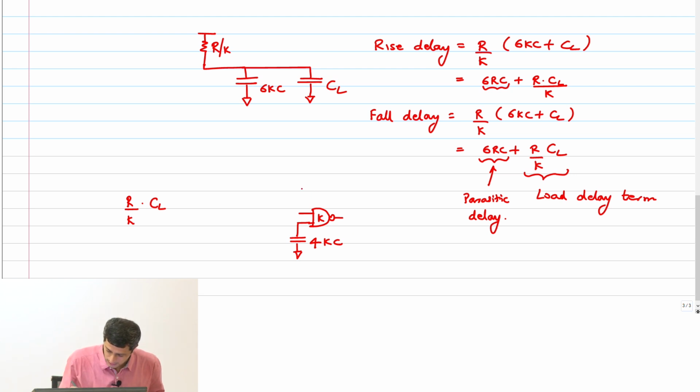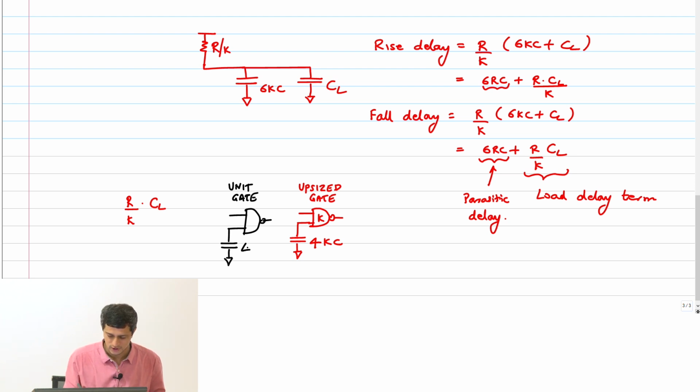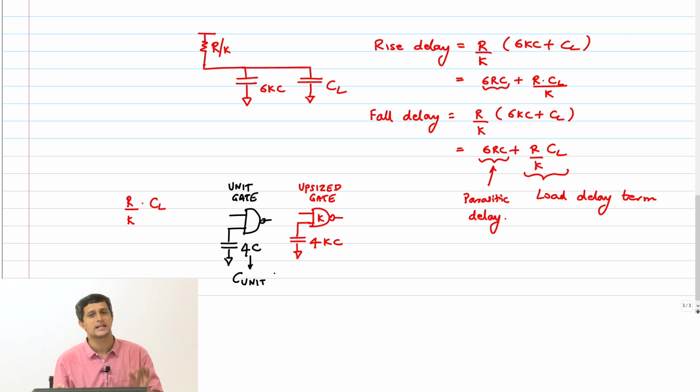Okay, this is my upsized gate. What about my unit NAND gate? This is just 4C. So if in general for any logic gate I can write this as C unit, the gate capacitance presented by a unit gate.